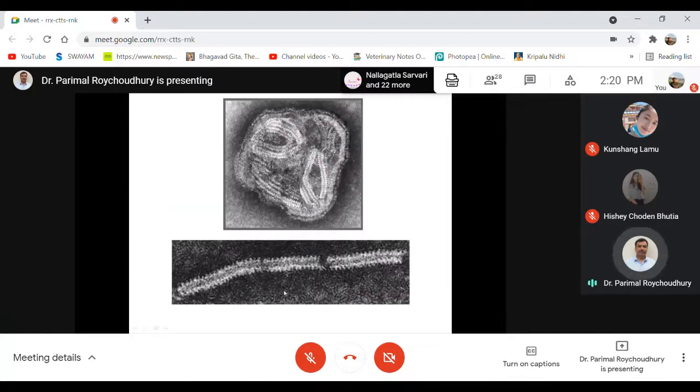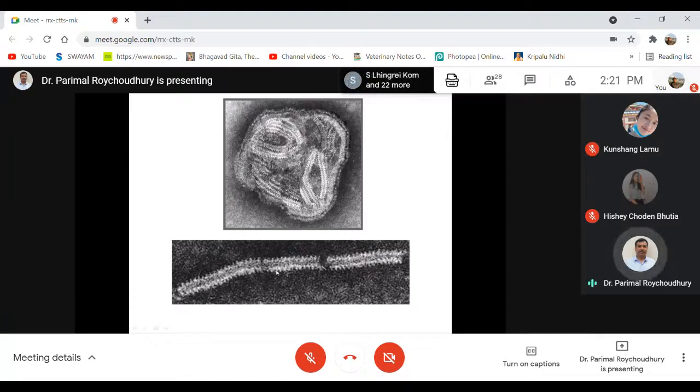Probably if some of you have read Hemingway's The Old Man and the Sea, you will find descriptions of herringbone. These are electron microscopic pictures: this is the nucleocapsid structure, and this is the entire envelope. You can see it doesn't have any definite shape.